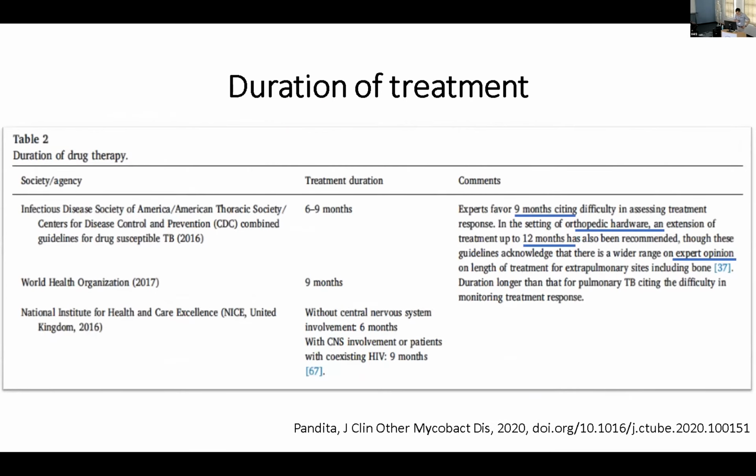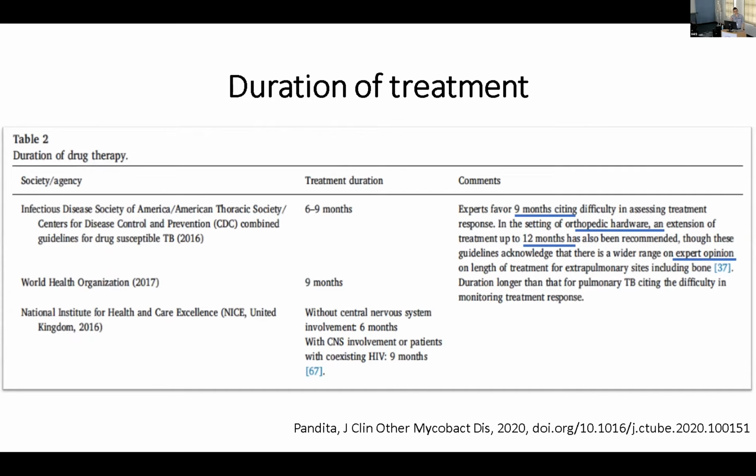Okay, so that's the drugs we've discussed, and now let's go on to duration of treatment. Unfortunately, there's not a lot of data surrounding that. Each society has their own recommendations. If you follow the IDSA, Infectious Disease Society of America, or ATS, American Thoracic Society, and the CDC, they recommend 6 to 9 months.